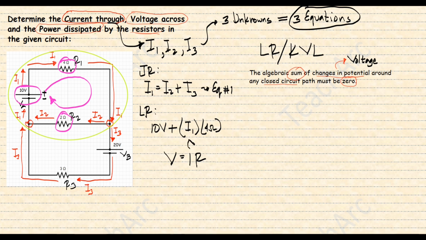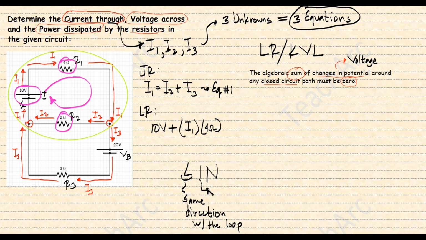To identify if we have a negative or a positive voltage here, we follow this, SIN. If the current is in the same direction as the loop, then we have a negative potential. So if you follow our loop, it has the same direction as I1. Therefore, we need to include a minus sign here.